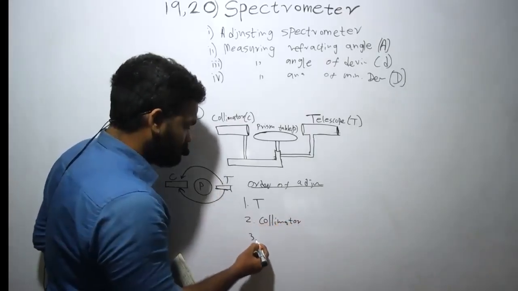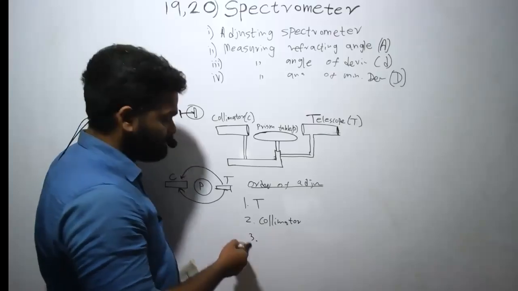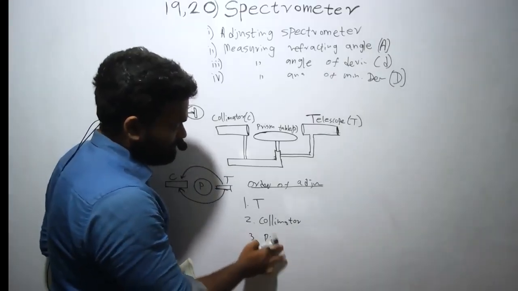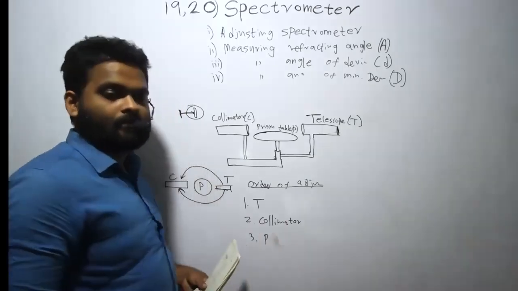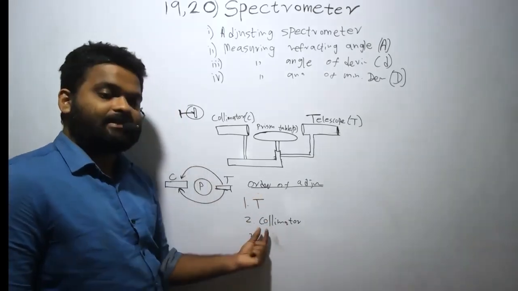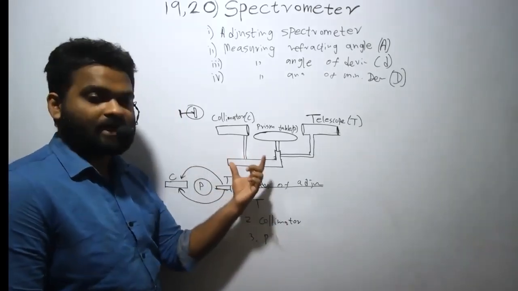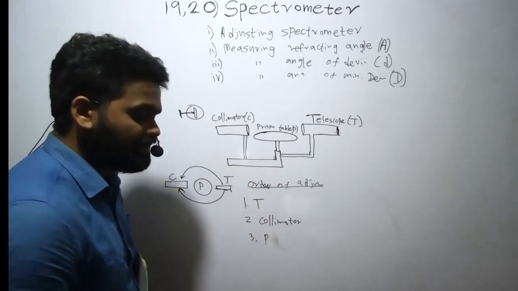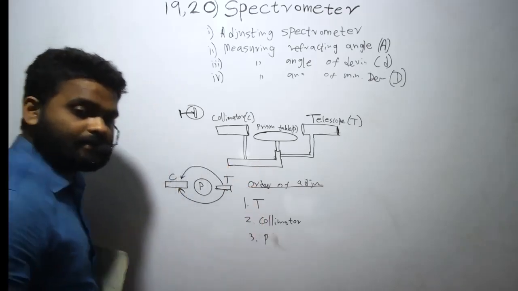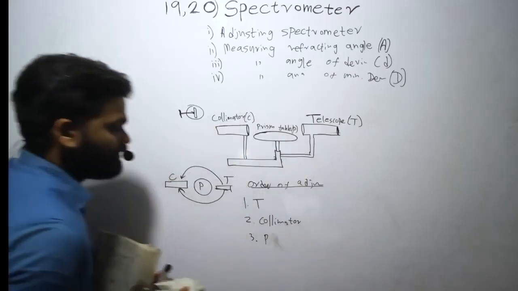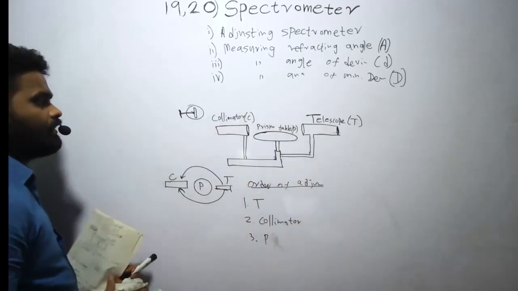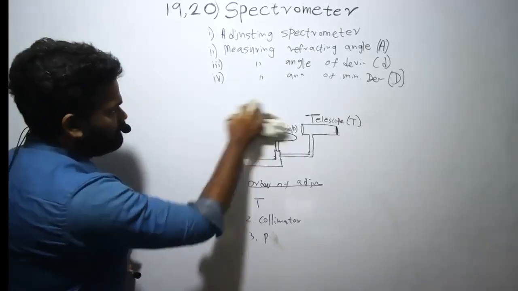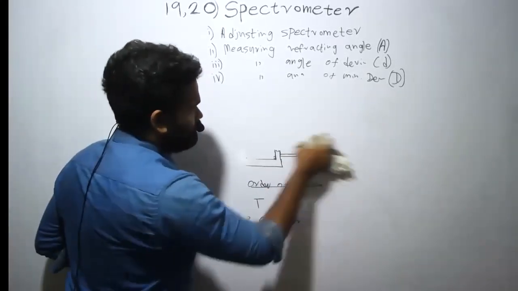And at the end, finally, prism table, capital P. You will understand why that is once I explain these adjustments, right? Telescope, collimator, and finally, prism table. Okay?